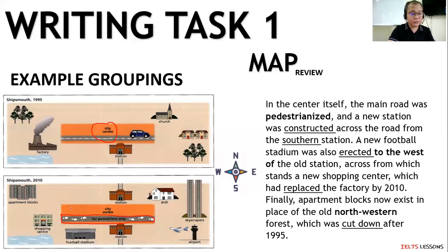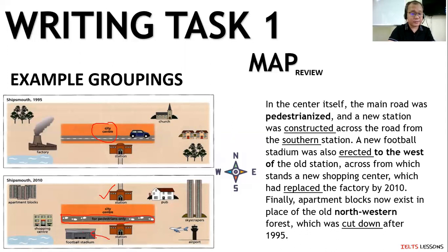So there is a new station that has been constructed across from it. A new football stadium was also erected to the west of the old station. So a new football stadium was erected to the west, here.